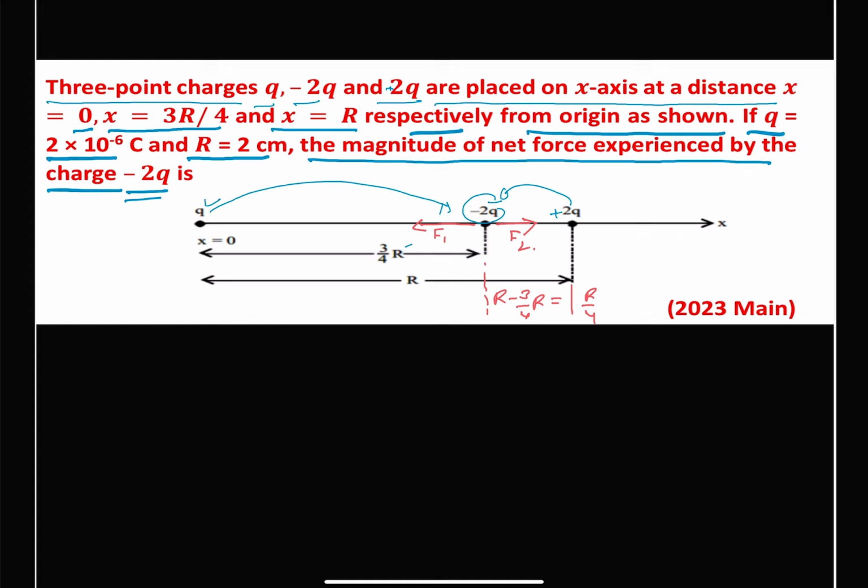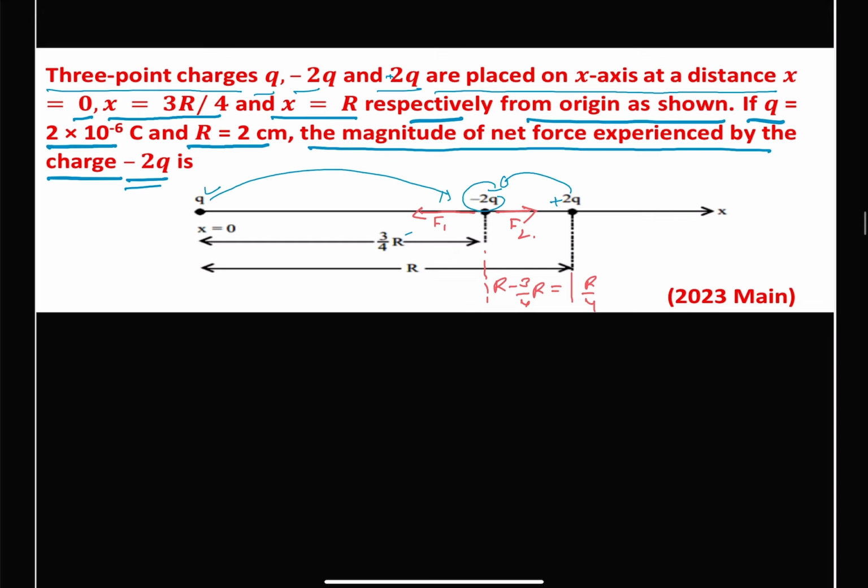We are given that r is 2 centimeter, so this comes as 2 by 4, which is 1 by 2 centimeters, and in terms of meter, we can write this as 0.005 meters. Let us call this R2.